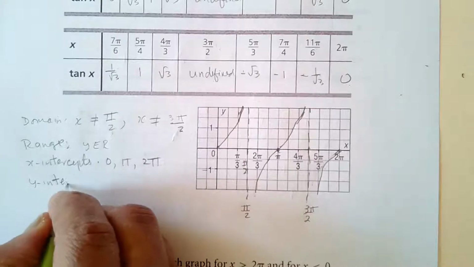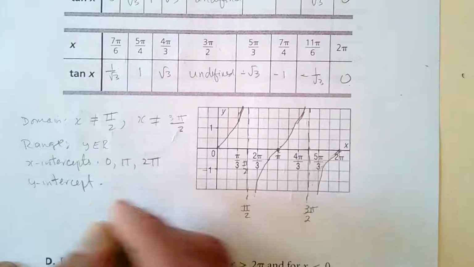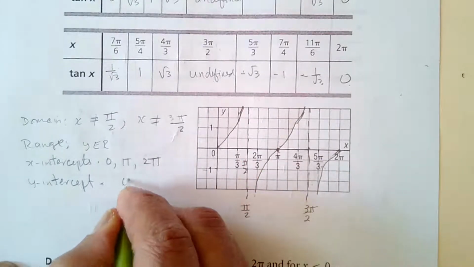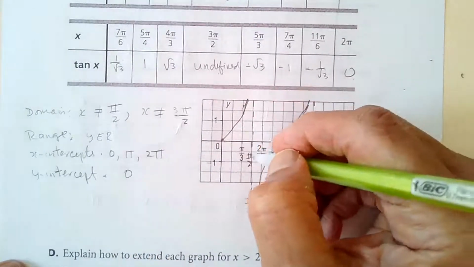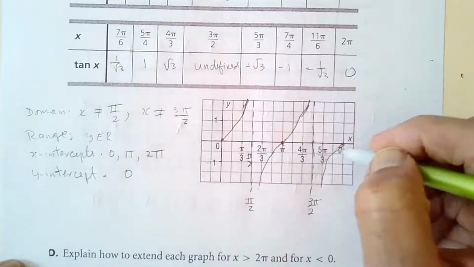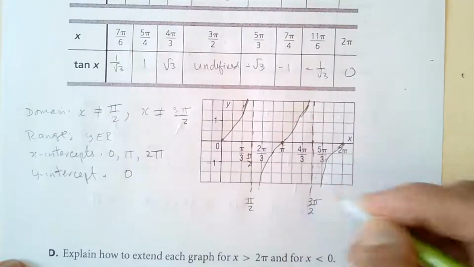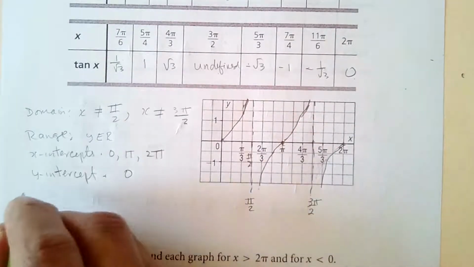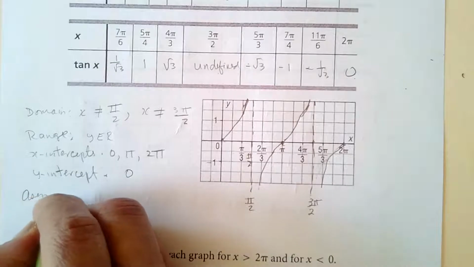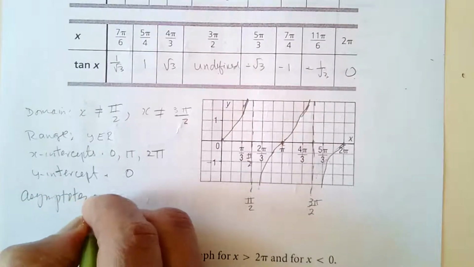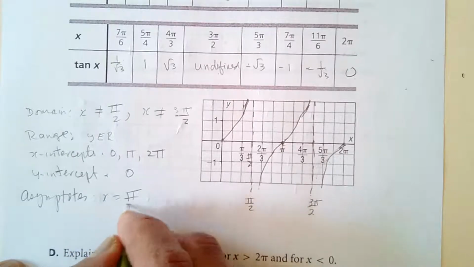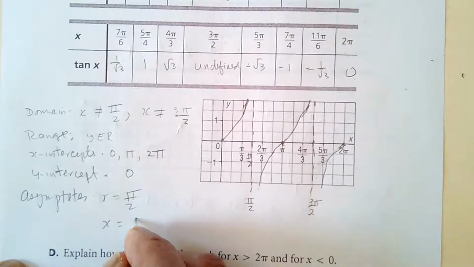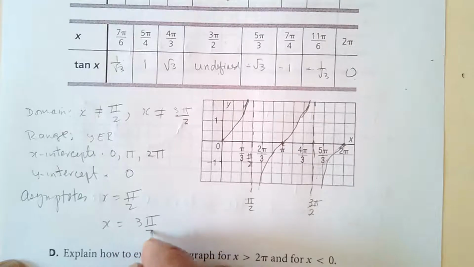The y-intercept is only 0. Now the asymptotes are pi over 2 and 3 pi over 2. So here, x equals pi over 2 and x equals 3 pi over 2.